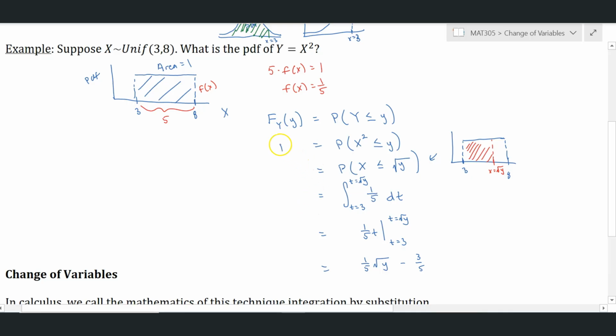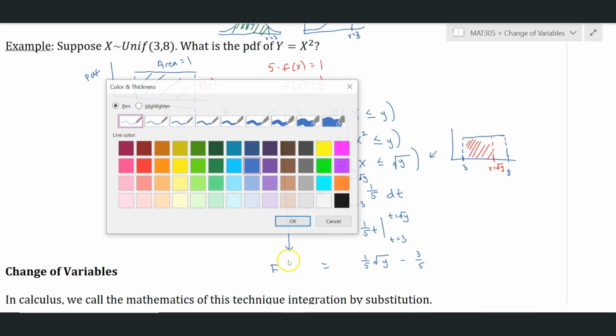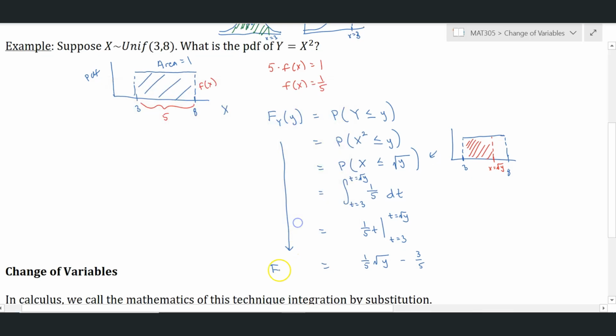So once all is said and done, our cumulative density function of y, this function accumulates areas, is 1/5 square root y minus 3/5. That is now all in terms of y.